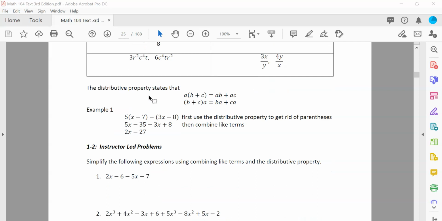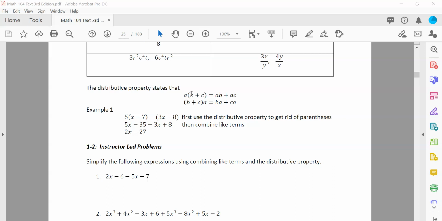Now the other big property here in this section is the distributive property. This says that if I wanted to get rid of parentheses, and I can't just simplify by adding a times the quantity b plus c, what I can do is distribute, meaning I can multiply this a times both terms inside the parentheses.